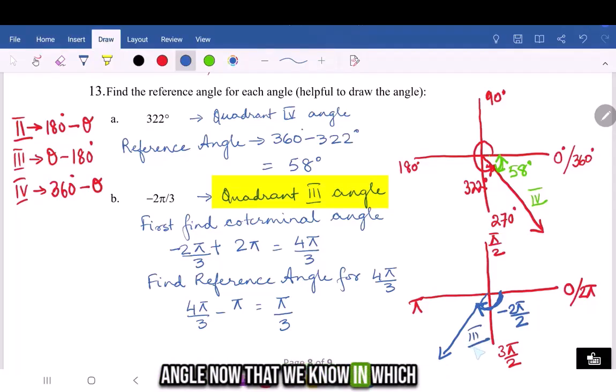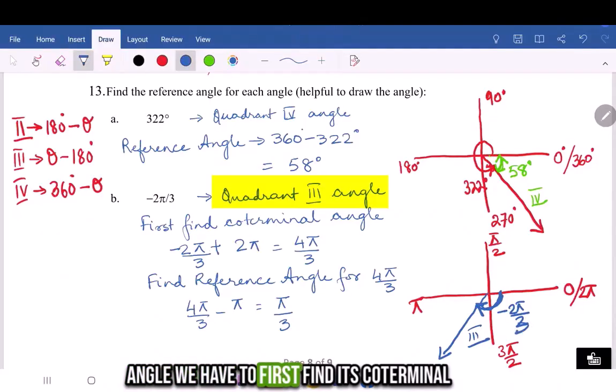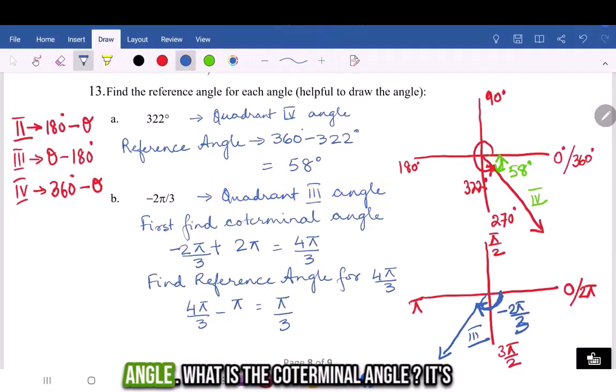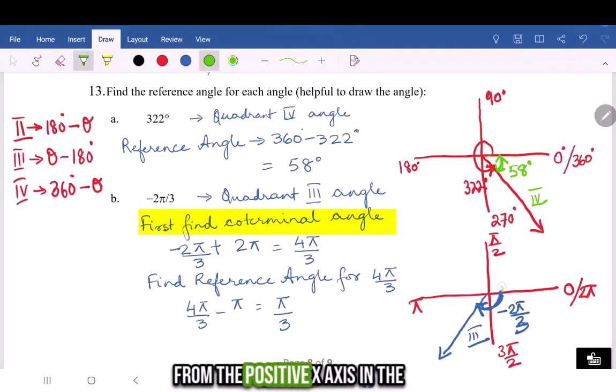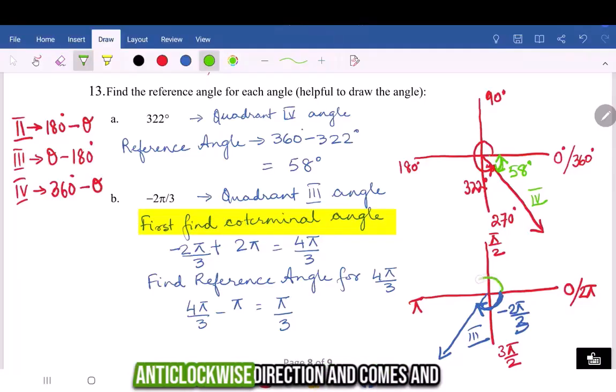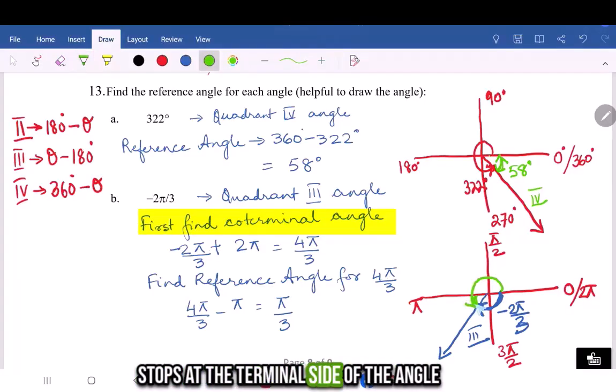Now that we know in which quadrant it lies, this being a negative angle, we have to first find its coterminal angle. What is the coterminal angle? It's a positive angle which is less than 2 pi that starts from positive x-axis in the anti-clockwise direction and comes and stops at the terminal side of the angle, which is negative 2 pi over 3.